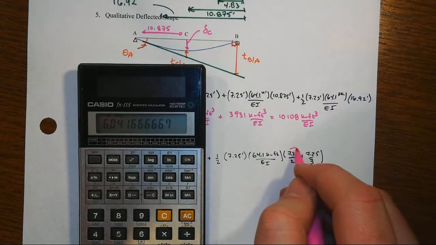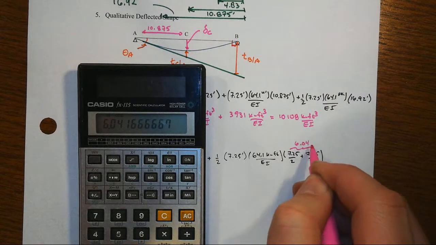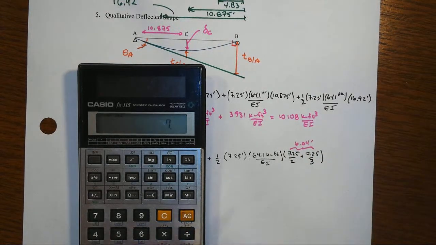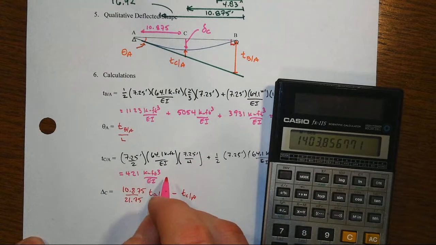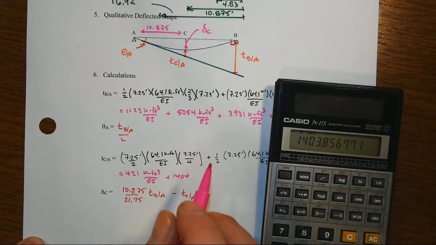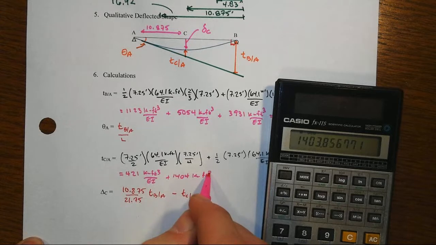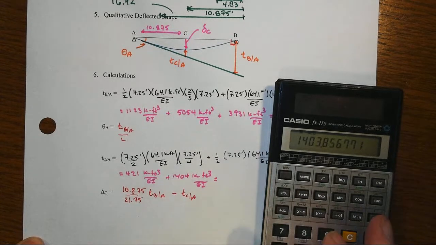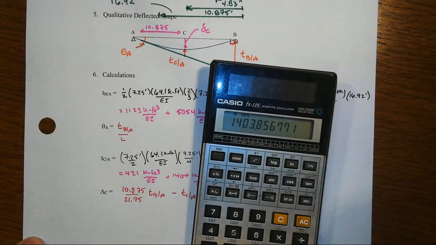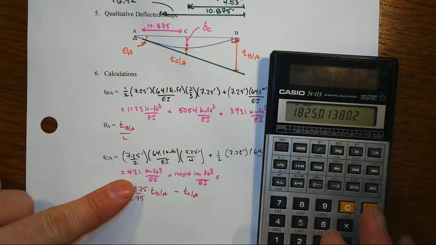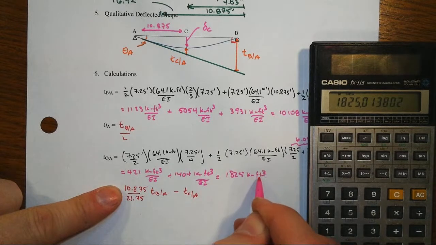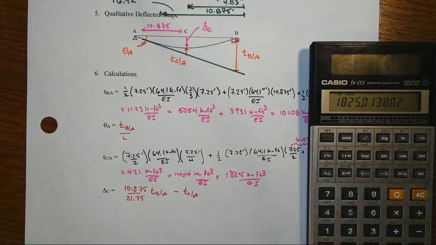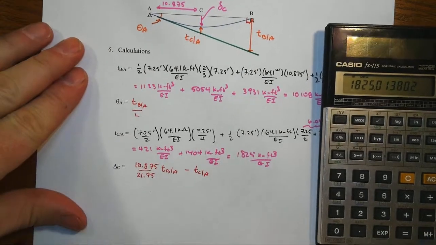That moment arm is 6.04 feet and change, times 7.25 times 64.1 divided by 2, and we get 1404. Add those together, and that's 1825 kip foot cubed over EI, from which now we can go find out what delta C is.